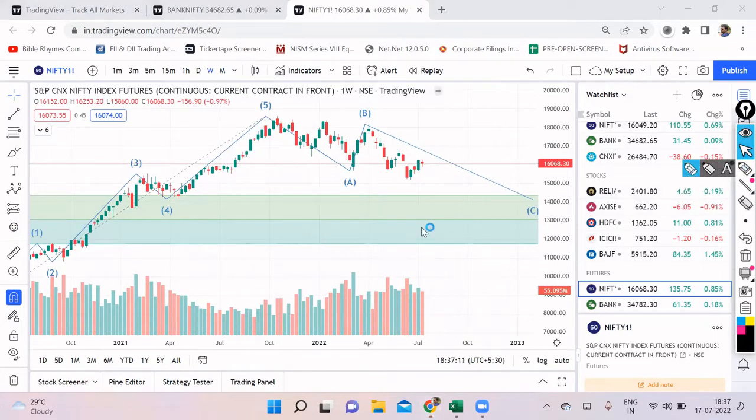In Nifty, if you look at the weekly chart, the weekly candle seems to be strong in the previous week, and this is just a halt candle and an inside candle. So it can definitely give a breakout and even attempt this area, which is close to 17,000. Then it may again take a U-turn and fall back.